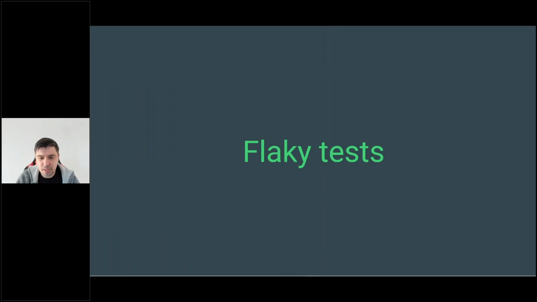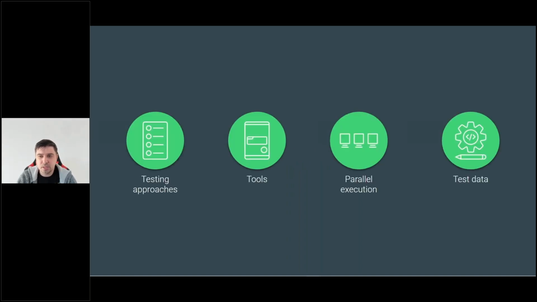And I want to speak a bit about flaky tests, because flaky tests are a super important and pretty complicated topic. The first thing we should understand is the reason why our tests can be flaky.